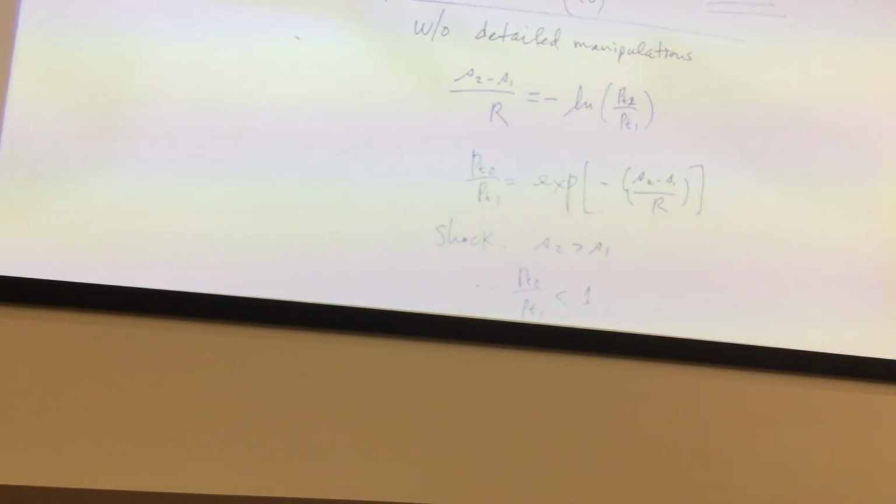Stagnation pressure means what? It's the maximum pressure you can see in that flow. You bring the flow isentropically, nicely, slowly, down to zero velocity. That's the maximum pressure you can get.